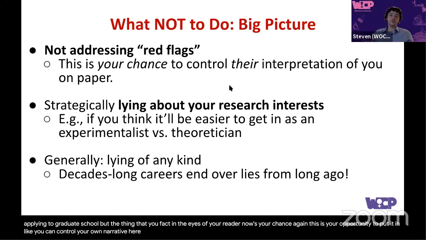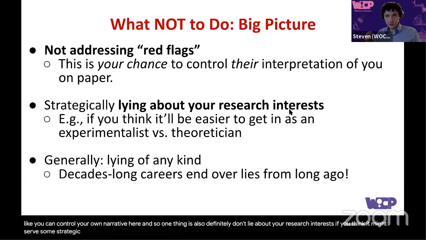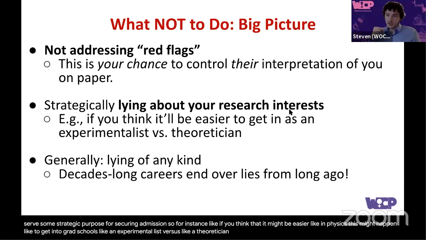One thing is also definitely don't lie about your research interests if you think it might serve some strategic purpose for securing admission. For instance, in physics, it might be easier to get into grad school as an experimentalist versus a theoretician. Some departments are on the lookout for it.